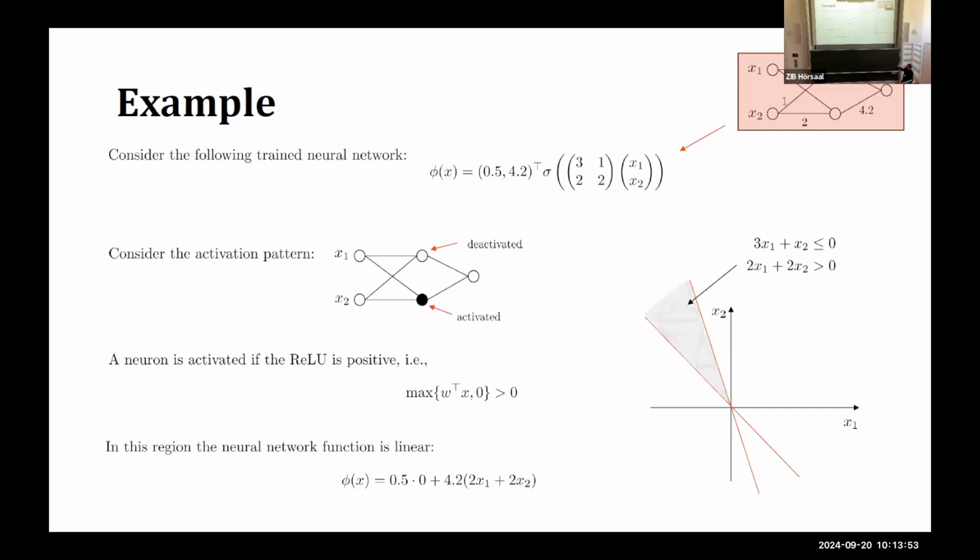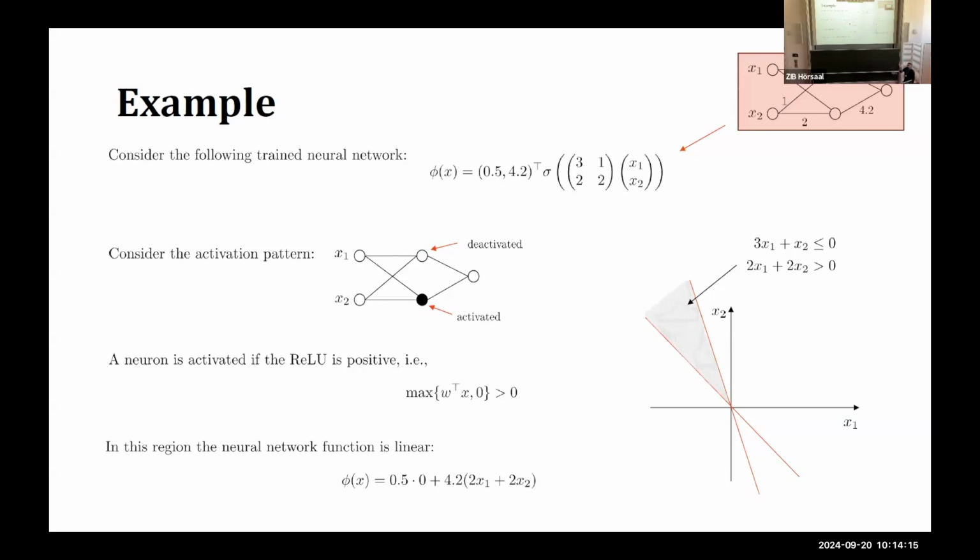And this is actually this here, because it just passes through the ReLU. So this means 4.2 times this, which is a linear function in x. So basically, if you fix this activation pattern, then every point in this region fulfills it, and the outcome of the neural network is a linear function in these values.